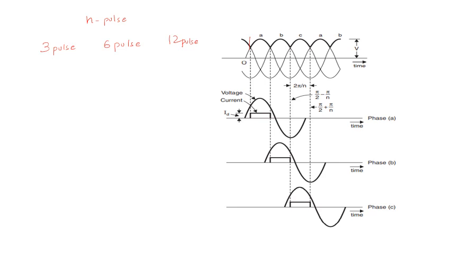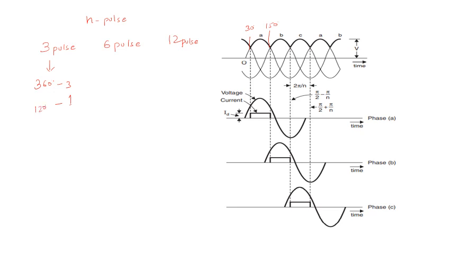Okay, and this starts from 30° and ends at 150°. Okay, that means for a 360° cycle, you will get three pulses. So one pulse will be of 120°, right?